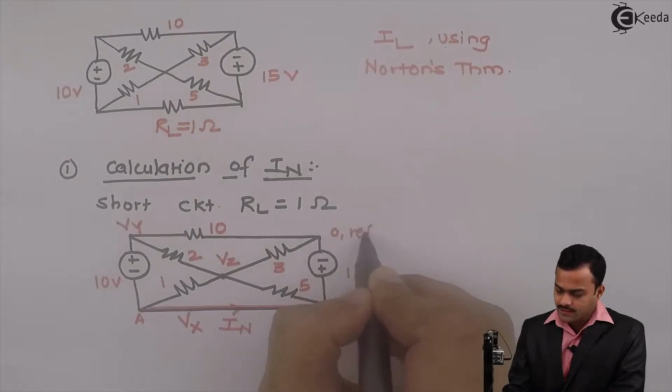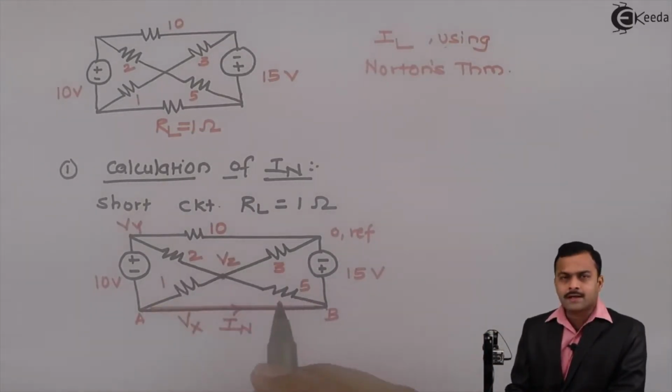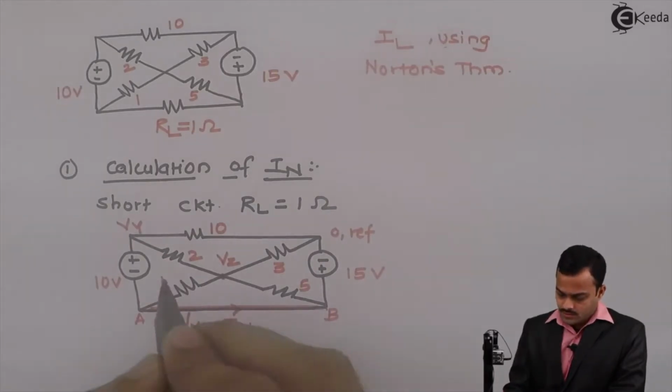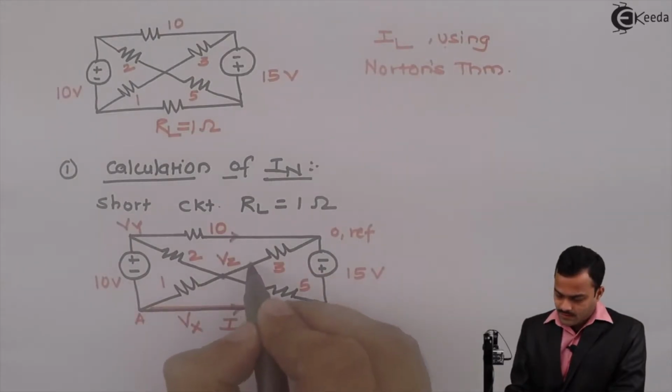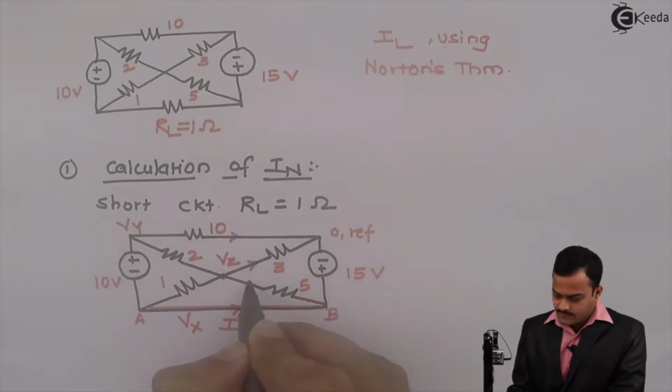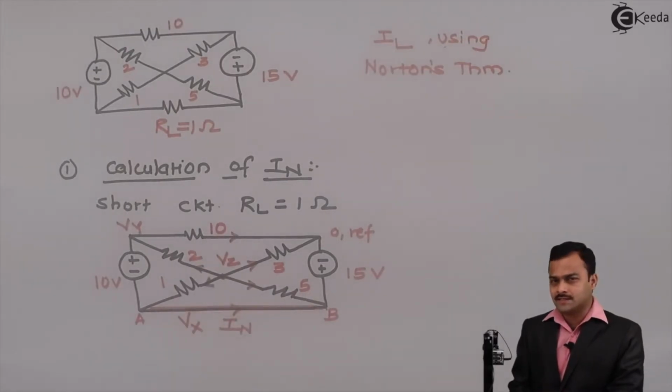I have selected a random node as a reference. Now let's mark all the current directions. So for this I mark current direction like this. For these branches the current directions are outgoing for the node Z. So I am having only 1, 2, 3, 4, 5 resistances. So 5 branch currents I have marked.